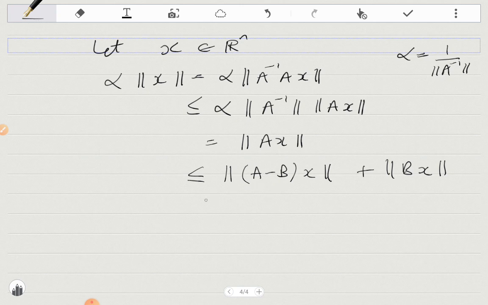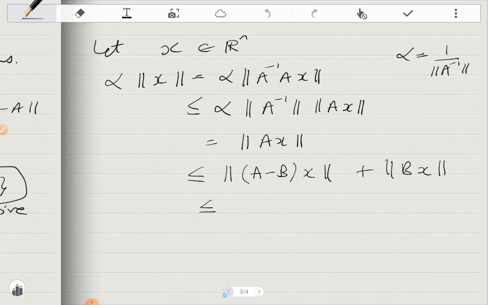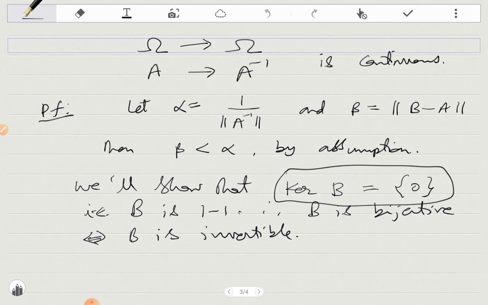And this B minus A was what we had called beta.